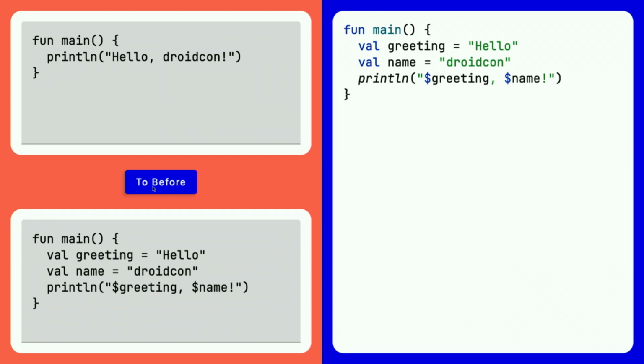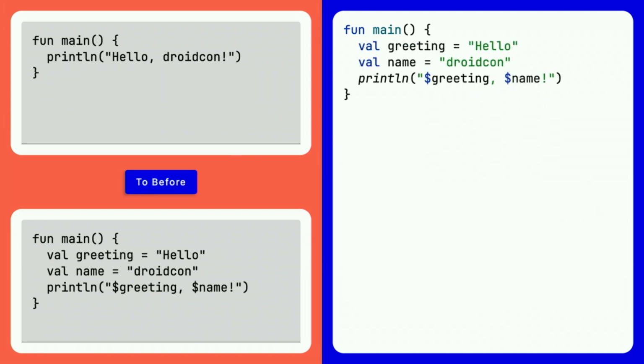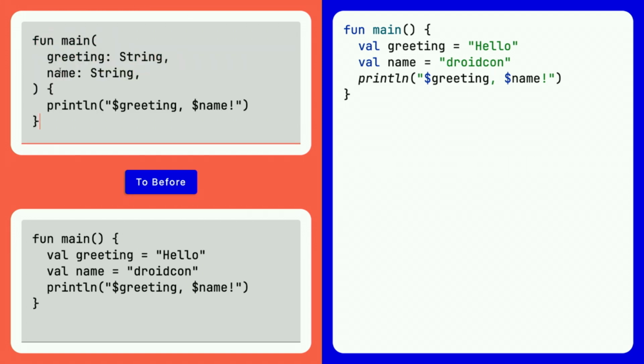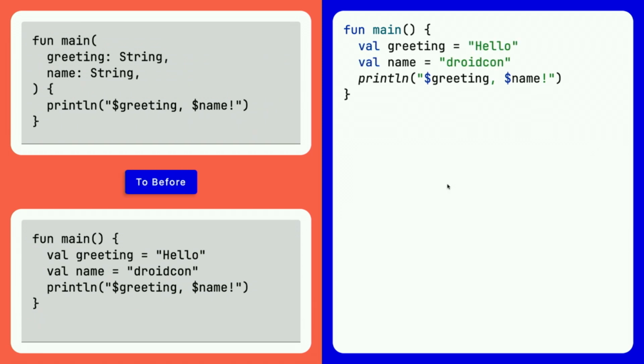But now we can pull out both hello and droidcon. There's another fun example here of maybe now we move both of those to local variables as well, and so you can kind of see the names floating into the parameters list there.